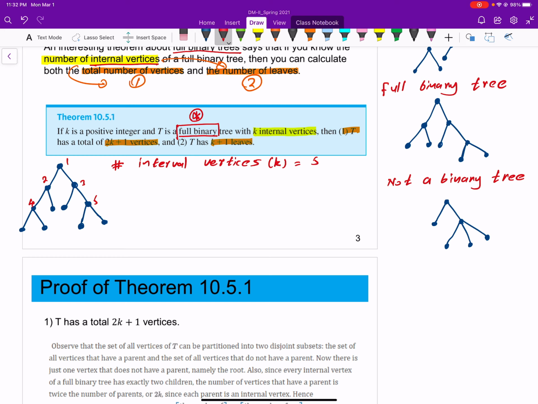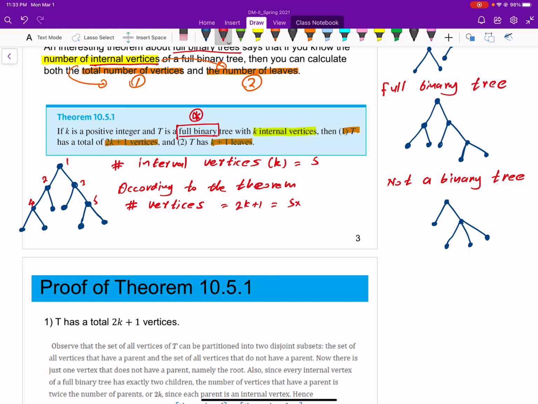According to the theorem, the number of vertices should be 2k plus 1.